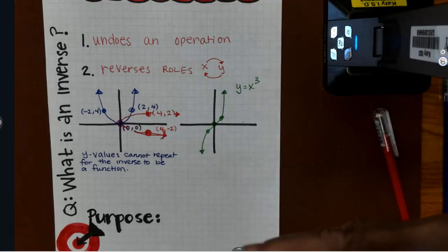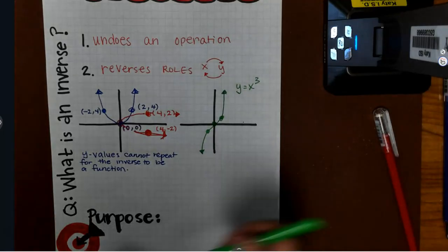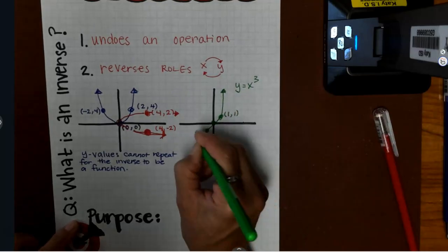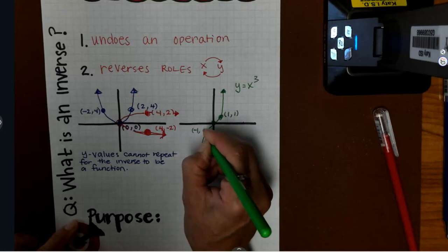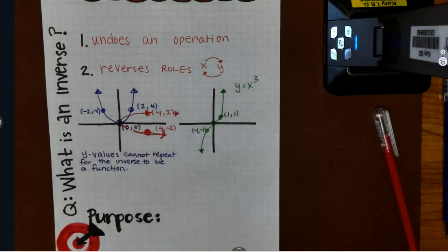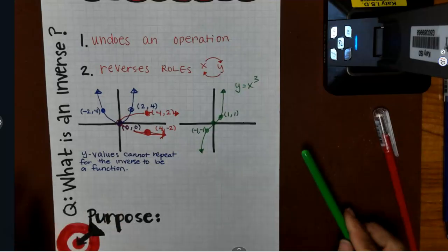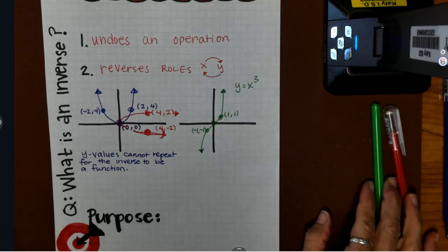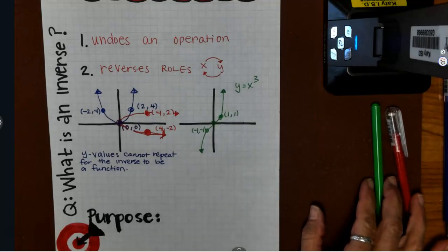Let's reverse these points. So remember, I have 1, 1, and I have negative 1, negative 1. So when I try to reverse these, what is going to happen? It would kind of draw the same graph, right?